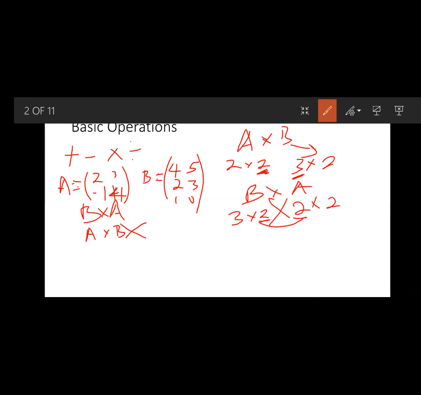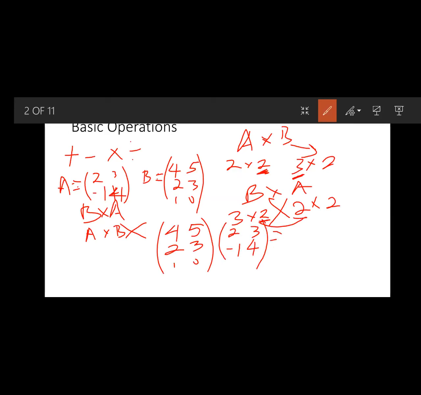So we can have B times A, but we can't have A times B. If we are going to have B times A, we write B first: 4, 2, 1, 5, 3, 0, multiplied by 2, 3, minus 1, 4.